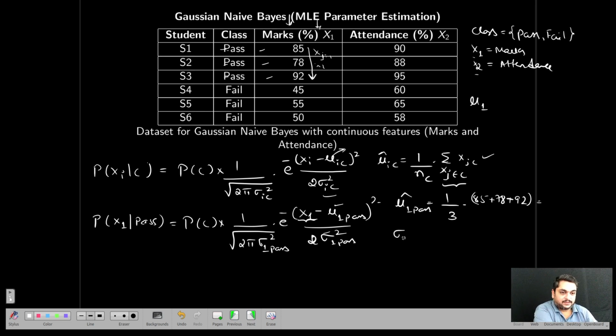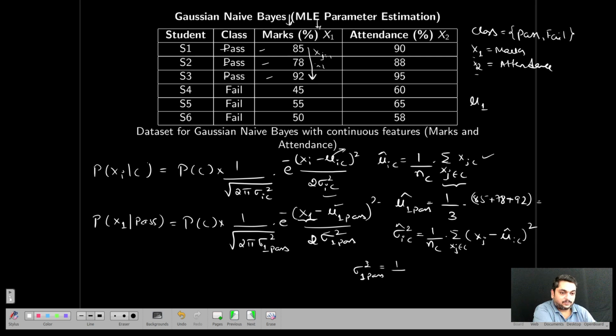How will you find the variance? I will write it as sigma square C in general. You can estimate it as, you already know the formula for variance, 1 by NC, which remains the same, into the summation over all xj that belong to C. Variance is given as xj minus mu C, whole square. So for this example, I'll write sigma square 1 for the pass class.